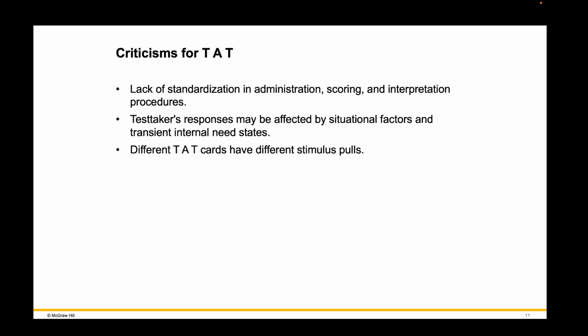So, ayan, just like with Rorschach, the test taker's responses may be affected by situational factors and transient internal need state. So, aside from that, different TAT cards have different stimulus pools.